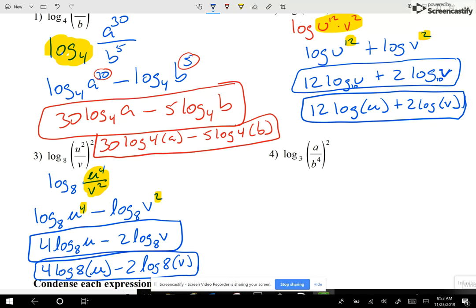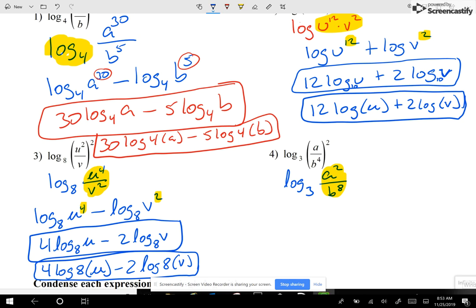Take a look at question number 4. Let's get rid of parentheses. Let me multiply the 2 on the outside to the exponents on the inside. So I have logarithm base 3 of a to the second over b to the 8. This division, I'm going to split it into 2 logarithms, but I'm going to use a minus.